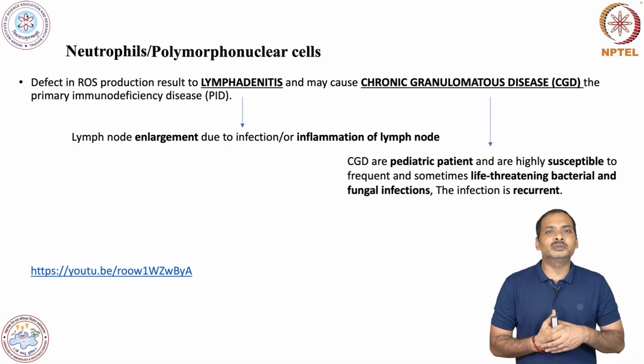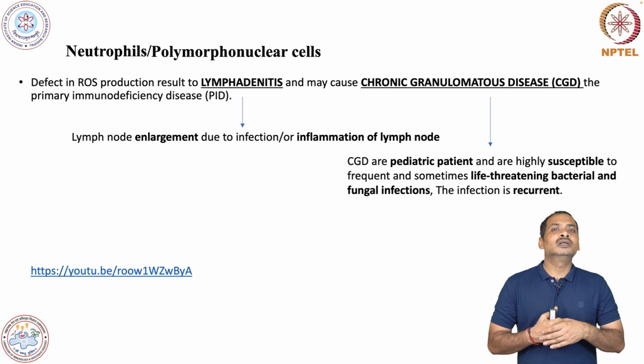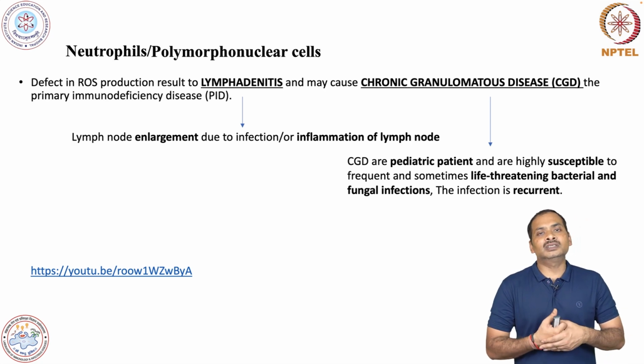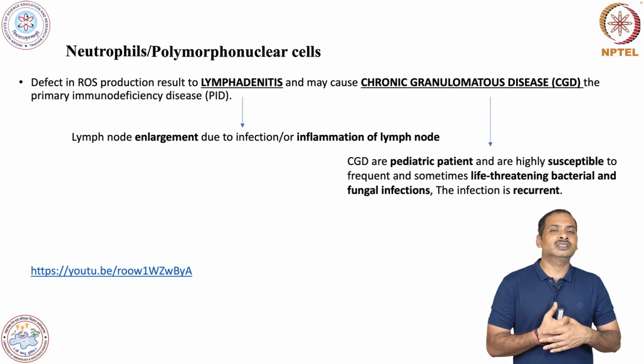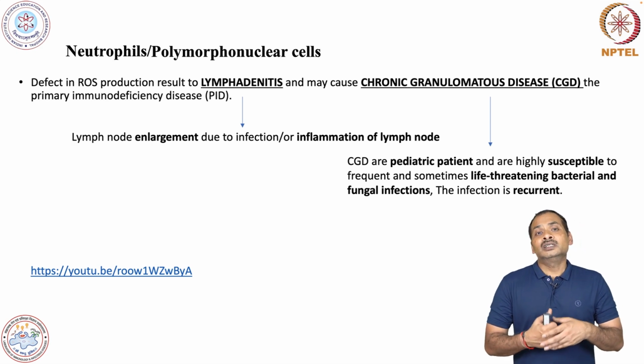There are some more ways by which people manage this disease. This disease cannot be cured, it can only be managed. Another way is to infuse some immune factor, for example interferon gamma, which may activate the macrophages or other cells in order to clear the bacterial infection.